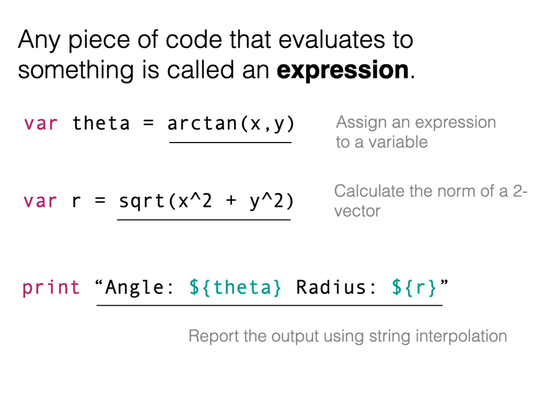We then calculate the radius by taking the square root of x squared plus y squared. And then, having calculated those two quantities, we'll print them using something called string interpolation that allows us to insert the quantity into a string, which makes output a lot simpler. All of the quantities that are underlined are examples of expressions because they're all things that can be evaluated to produce something like a number or a string.